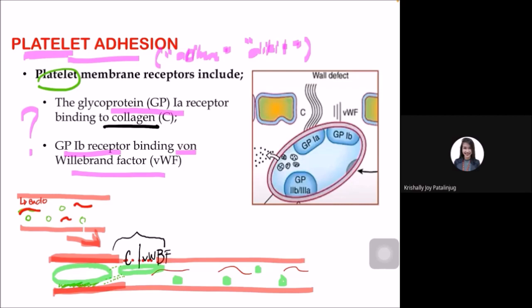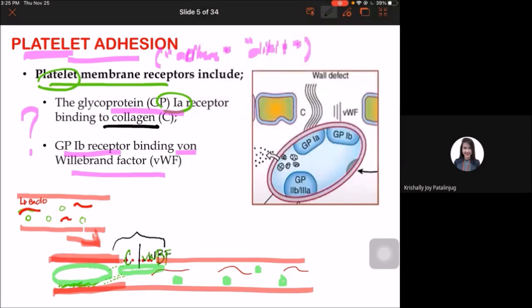Okay? So, paano? Good thing ang platelets, di ba ga-express siya og receptors? Naay mga ginaingon nga platelet membrane receptor. Such as number 1, we have the glycoprotein 1A. Wherein ano yung kakayahan ng glycoprotein 1A? Saan siya magbabind? Collagen or von Willebrand factor? It is saan? Okay, very good.